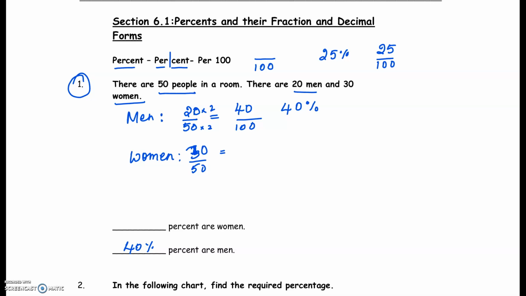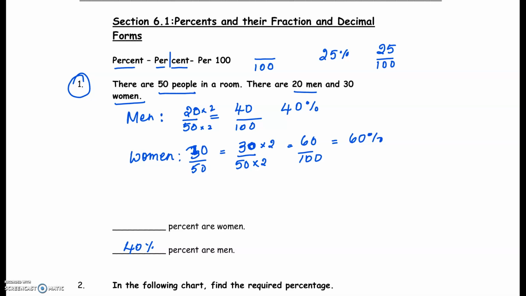Now, if we want to convert this to a percent, we're going to say if 30 parts out of 50 are women, that would be equivalent to saying that 60 parts out of 100 are women. So that would be 60%.